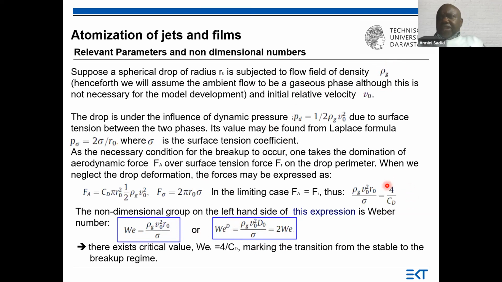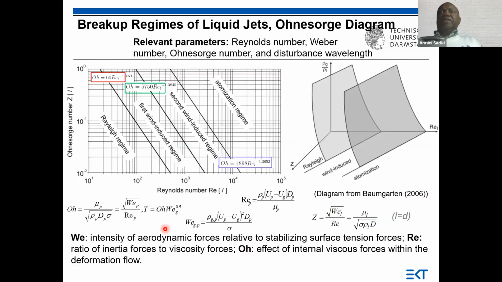This quantity here is our critical value of the Weber number, which marks the transition from the stable to the breakup regime. Okay, then we can say that the Weber number is the intensity of aerodynamic force relative to stabilizing surface tension force. Okay.